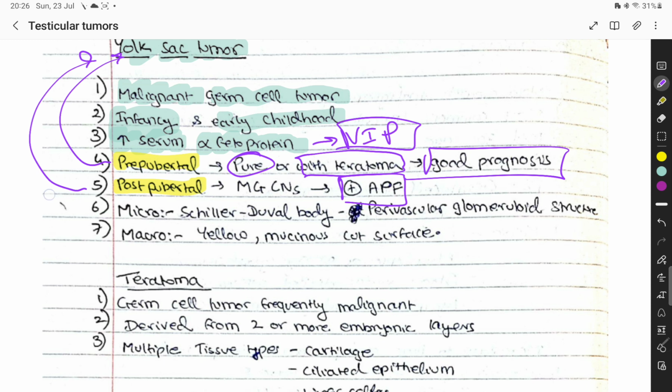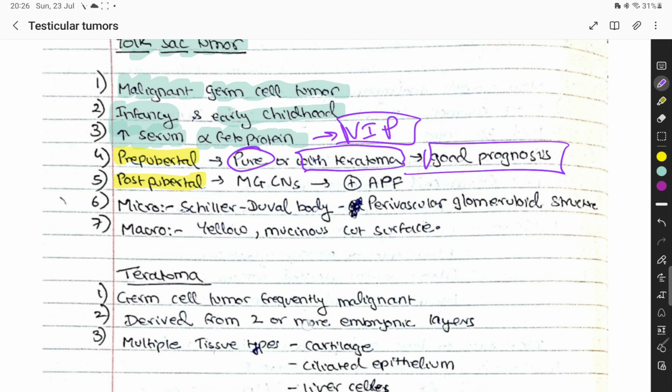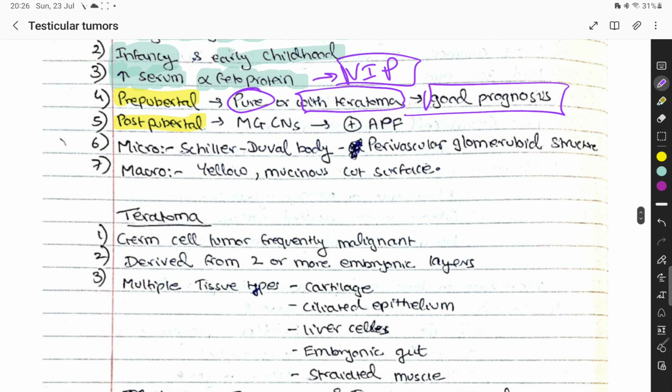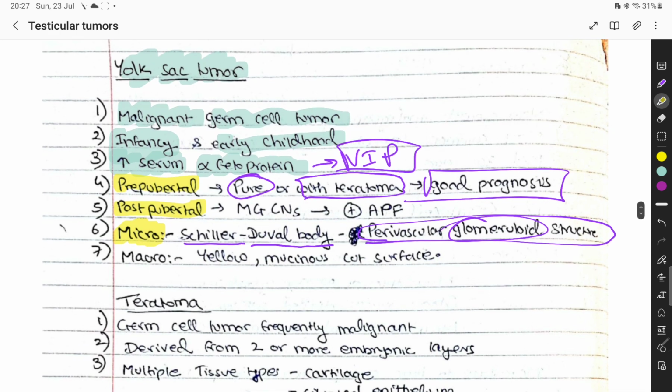The most important thing to remember is that microscopically you find something called the Schiller-Duval body, which is a perivascular glomeruloid structure. It looks like a glomerulus, which is very important. Whenever you think of yolk sac tumor, you should always say it is mainly a childhood tumor.